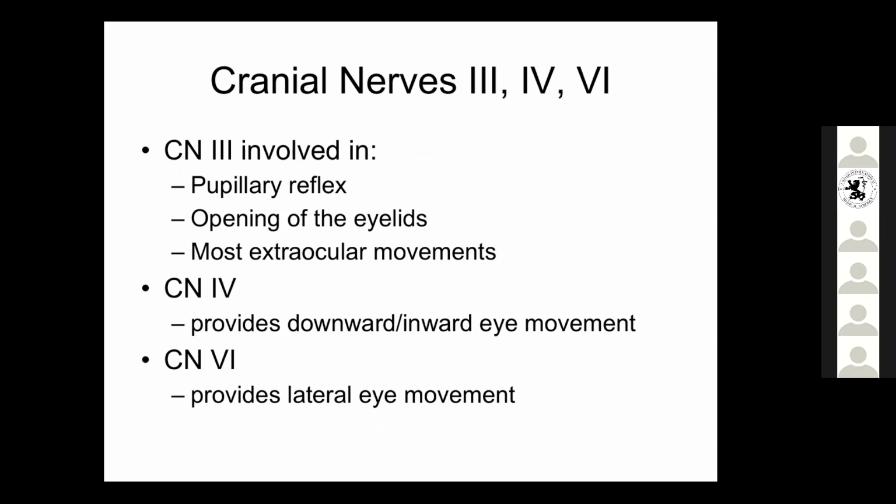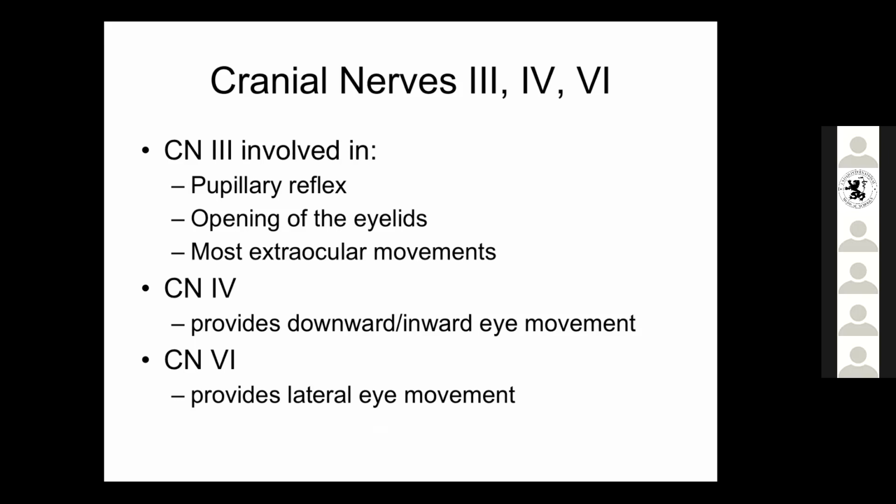Cranial nerves 3, 4, and 6 are involved in eye movement. Cranial nerve 3, the oculomotor, has both parasympathetic and sympathetic as well as motor function. So we test the pupillary reflex, opening of the eyelids, and the extraocular movements, mainly adduction of the eye. Cranial nerve 4 is responsible for the downward and inward movement of the eye.